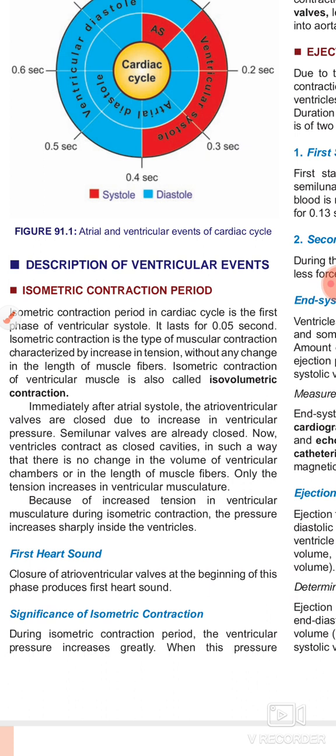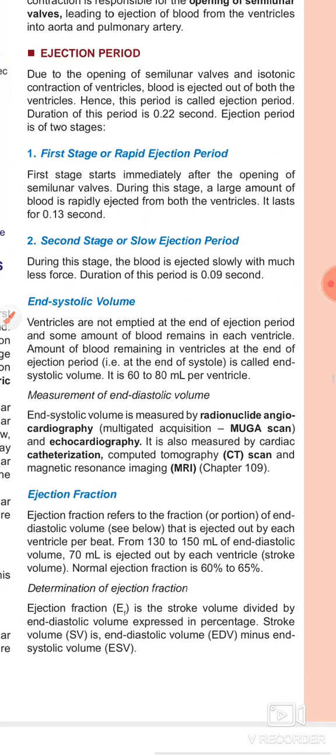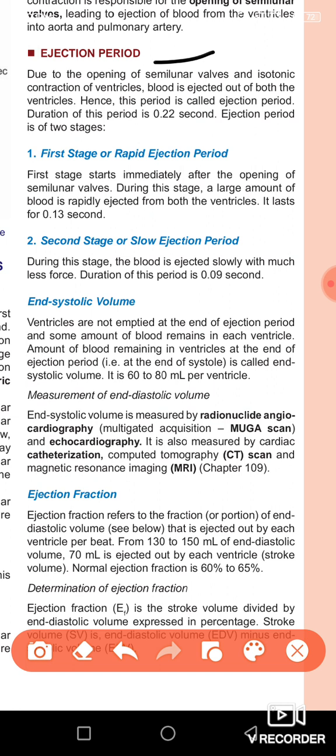Now we move on to the ejection period. In the ejection period, due to the opening of the semilunar valves and the isotonic contraction of the ventricles, the blood is ejected out of the ventricles and moves into the aorta or pulmonary artery. So this period is called the ejection period.